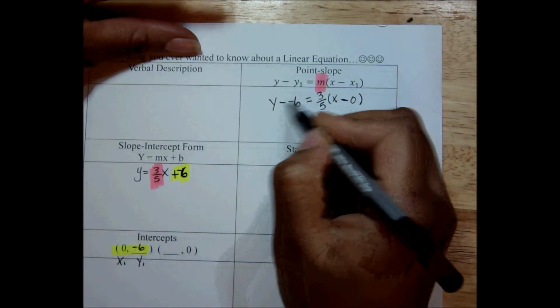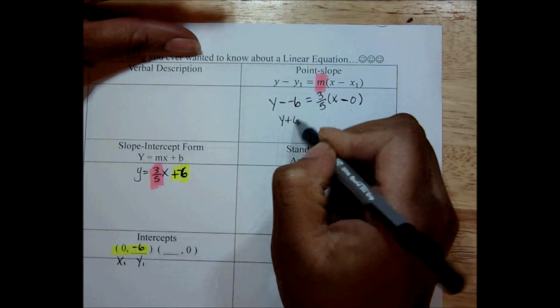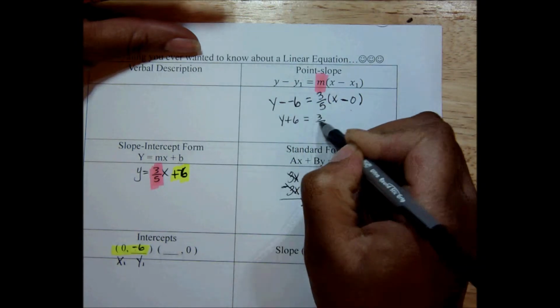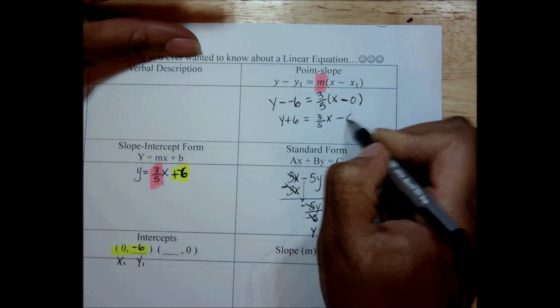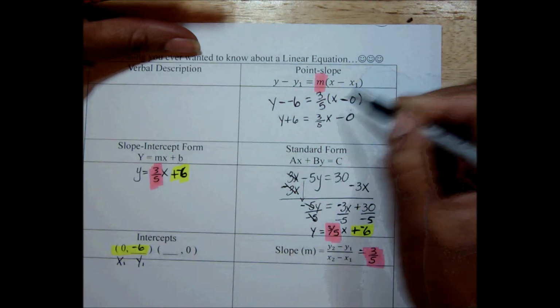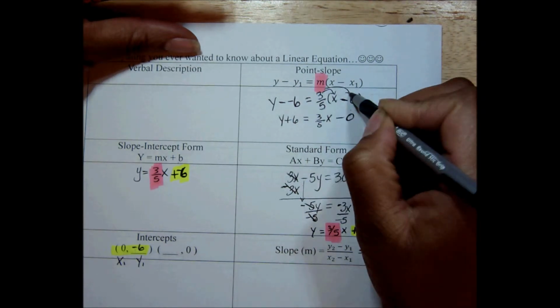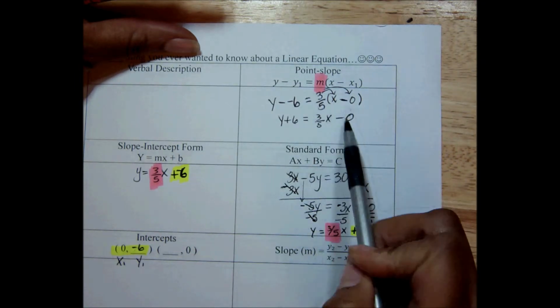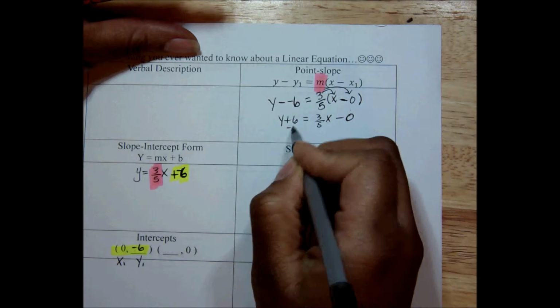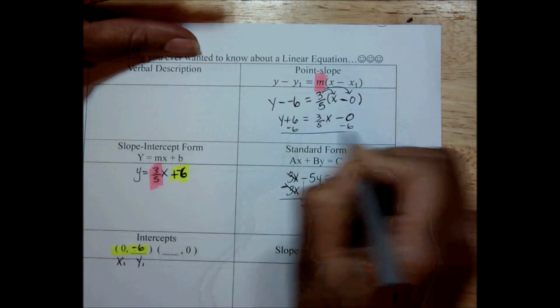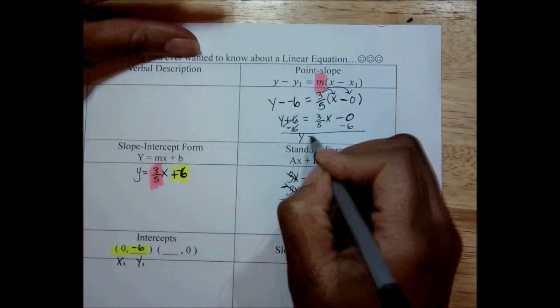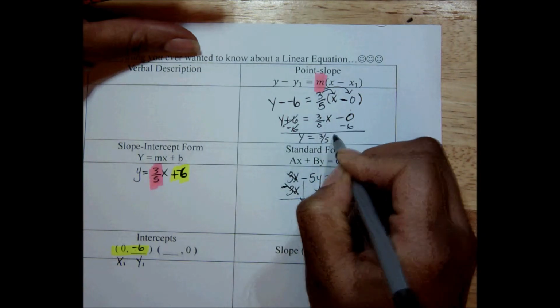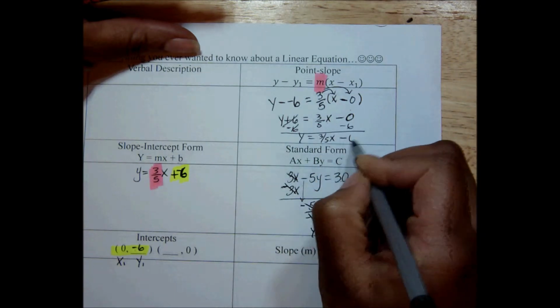And this becomes a plus sign, so y plus 6 equals 3/5 x minus 0. What did I do? I had to distribute. This gives me 3/5 x, and this times this gives me 0. So now I move my 6 over, and y equals 3/5 x minus 6.